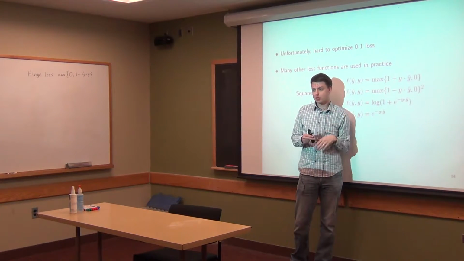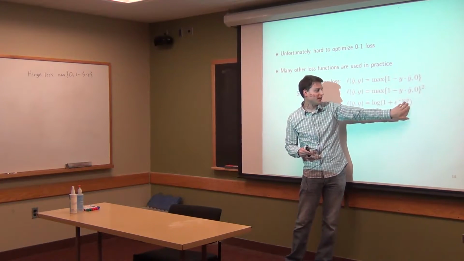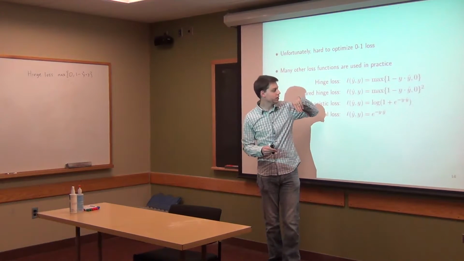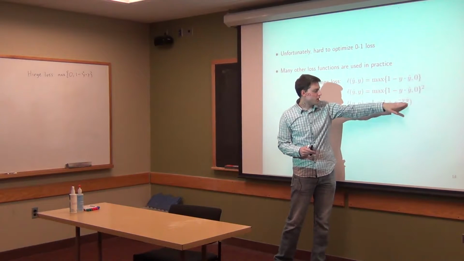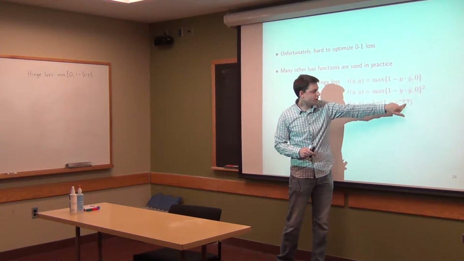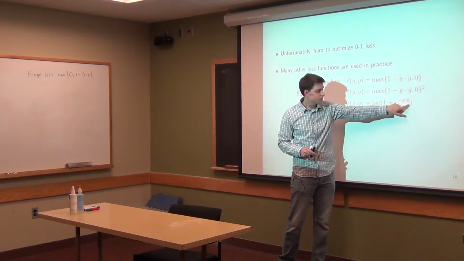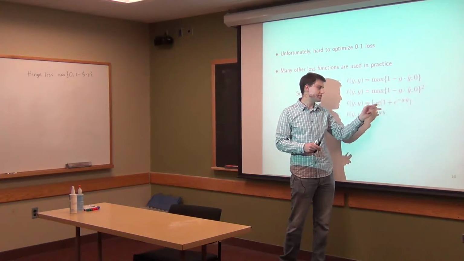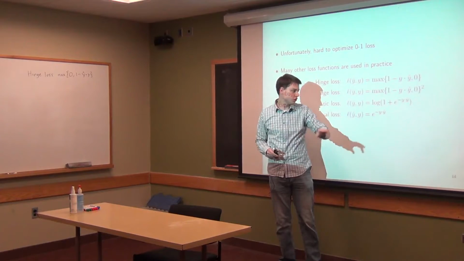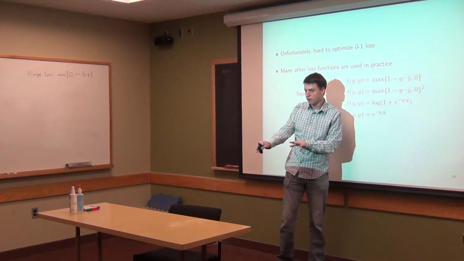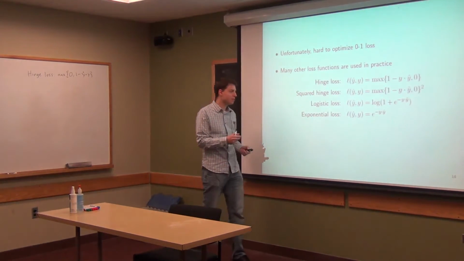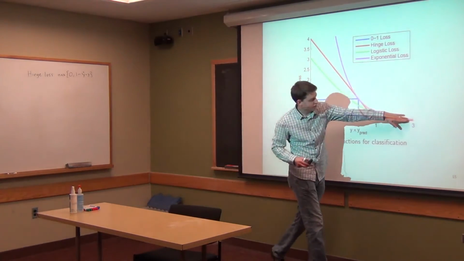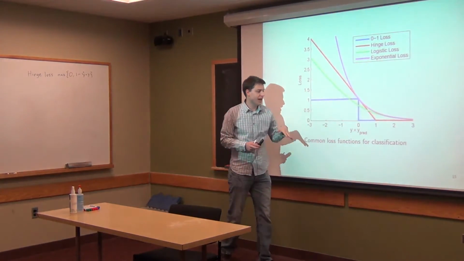So as this product gets very negative, this becomes like a line. And as it becomes positive, e to the negative something big goes to 0, and so the log of 1 plus that goes to 0 also. So you have something that looks very similar to the hinge loss, but it's kind of smooth.